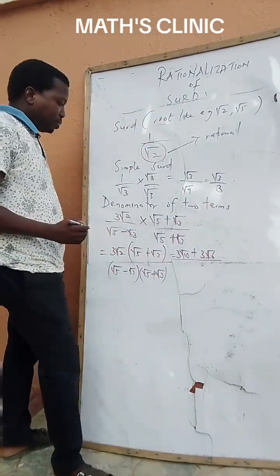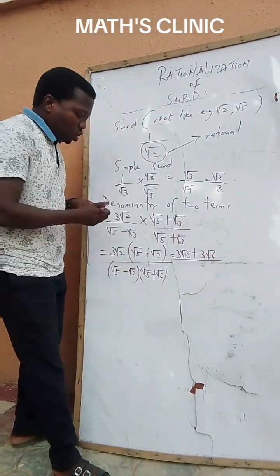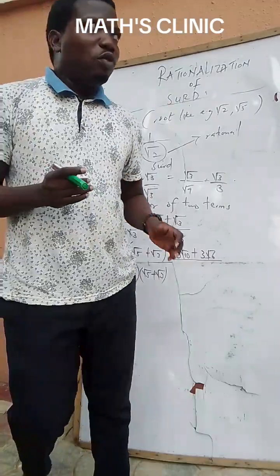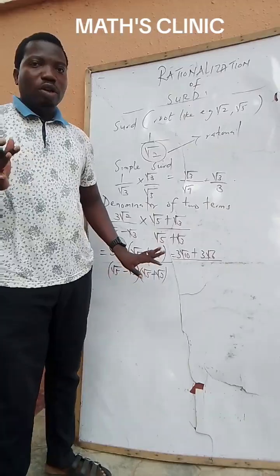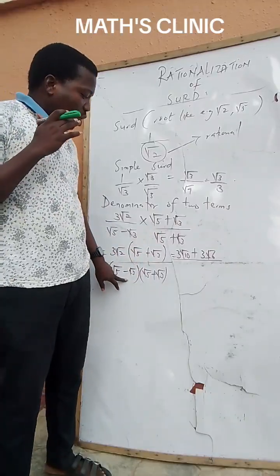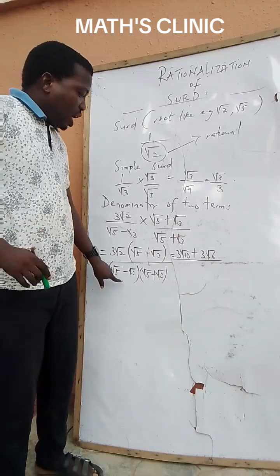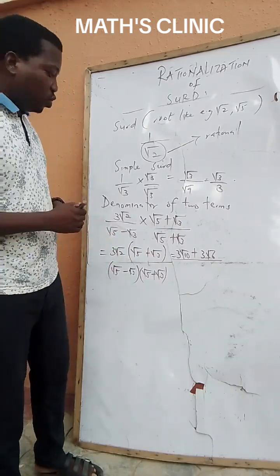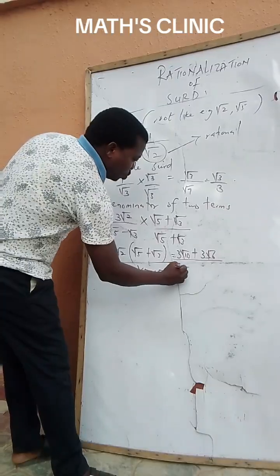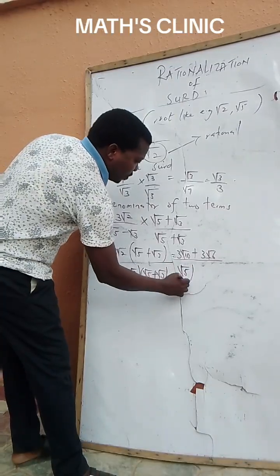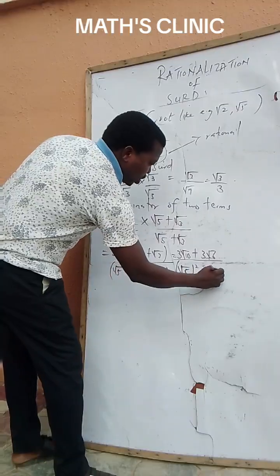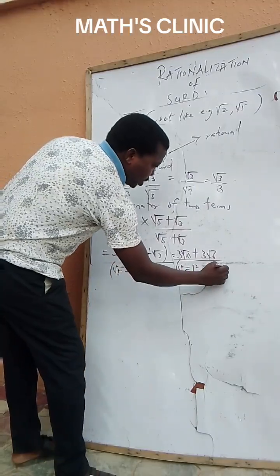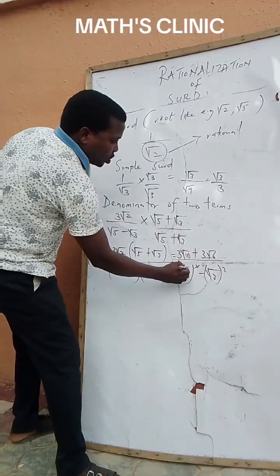All over. This I've told us we have 2 methods when we are solving the conjugate surd. Go back to the last class or the last lesson we had. It's just like a difference of 2 squares. And we have root 5 minus root 3. That means this root cancels this root.